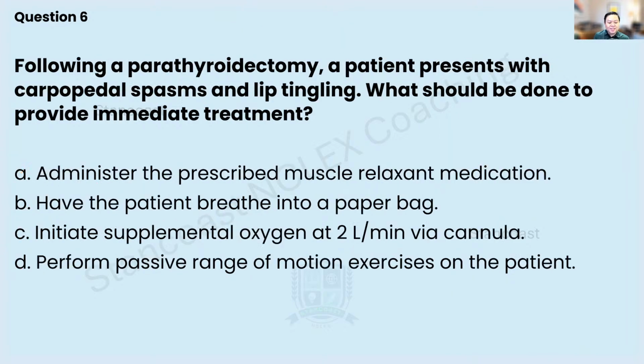Now let's have number 6. Following a parathyroidectomy, a patient presents with carpopedal spasms and lip tingling. What should be done to provide immediate treatment? Your patient just had a parathyroidectomy. Now the patient is experiencing carpopedal spasm. They also have lip tingling.